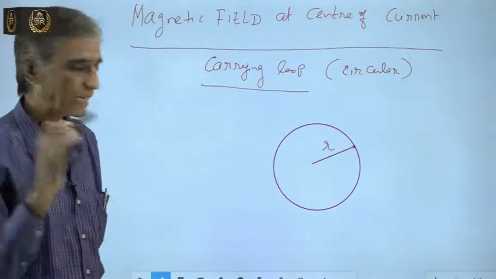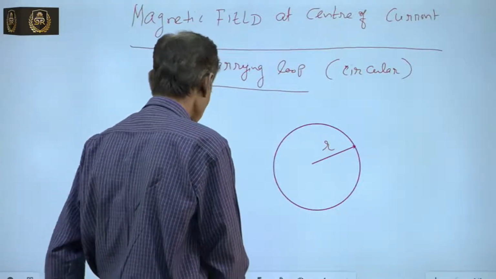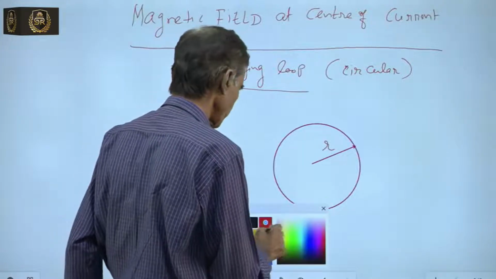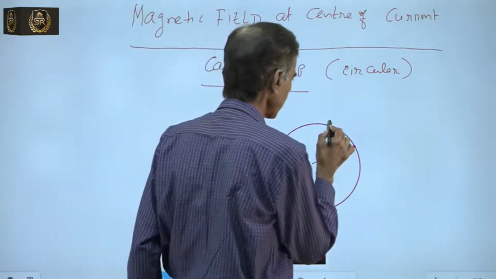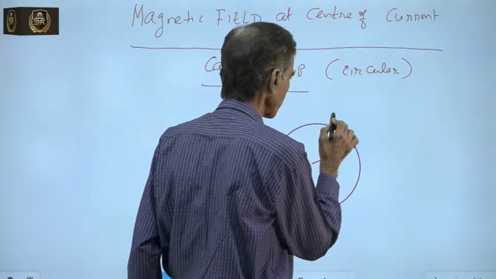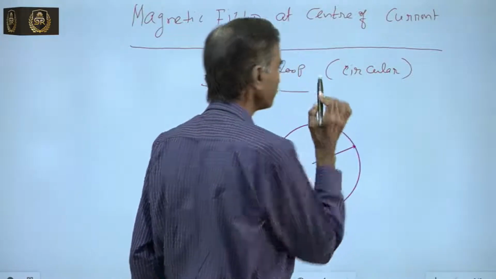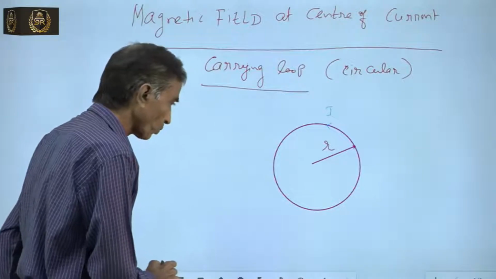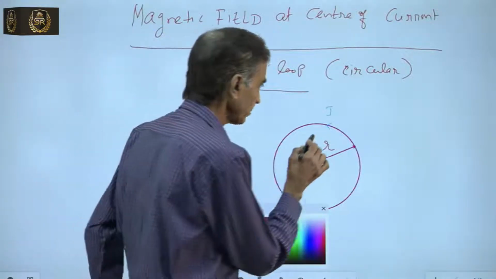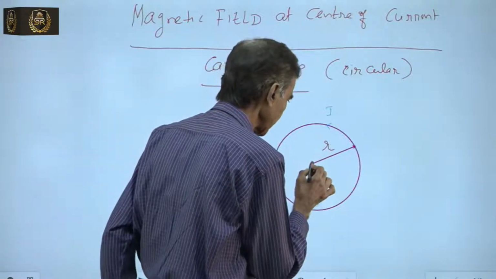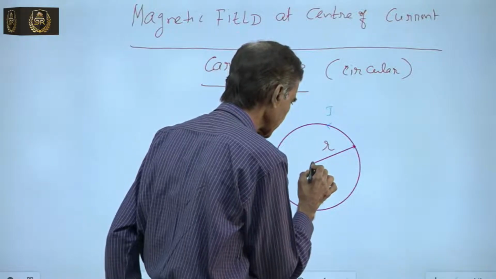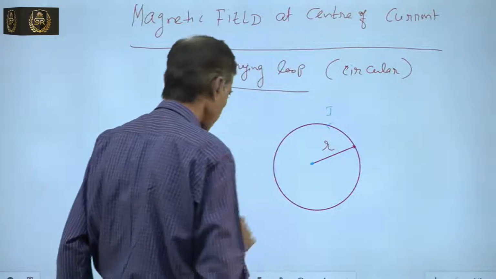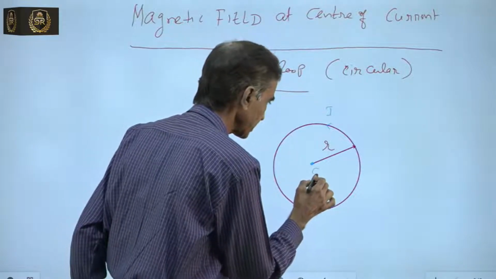And it is carrying a current I, say in the anti-clockwise direction. Now what we want to find? What is the magnetic induction or the magnetic field due to this current carrying loop at the center, that is O.